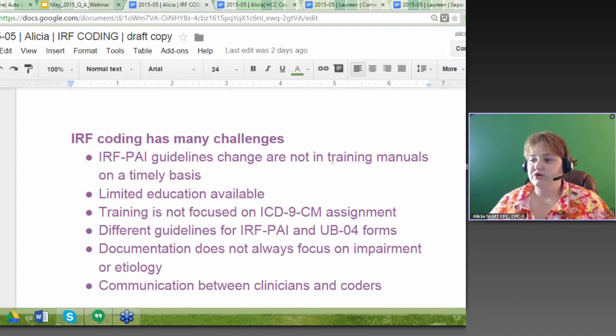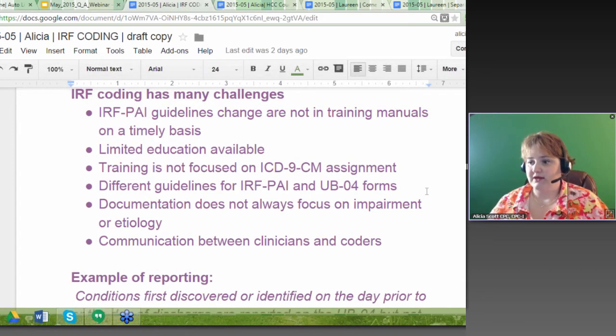So you can imagine the UB04 form, and then what the IRF PAI looks like. The documentation doesn't always focus on impairment and etiology. That's one of the problems in the documentation they're given, and that's what the IRF-PAI is based on. And the communication between the clinicians and the coders can be a problem when you're dealing with the IRF-PAI.